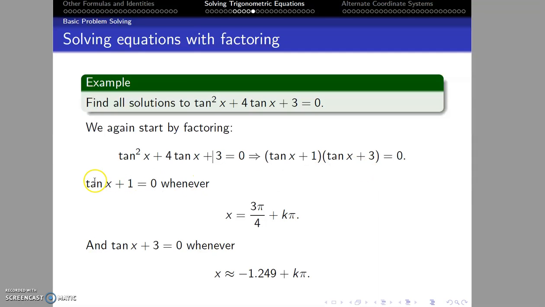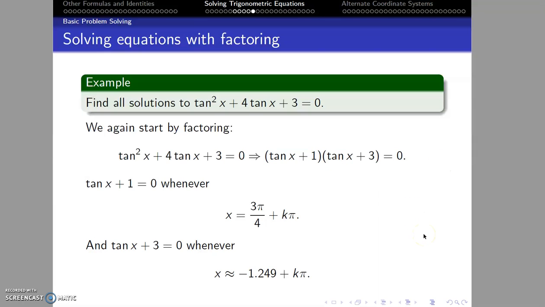And tangent of x plus 1 equals 0 is true whenever tangent of x is equal to negative 1, which happens at negative pi over 4 if you were to do inverse trig. Arc tangent of negative 1 is negative pi over 4. And you add k pi to that, and you get one set of the solutions. The set satisfying this first factor equaling 0.